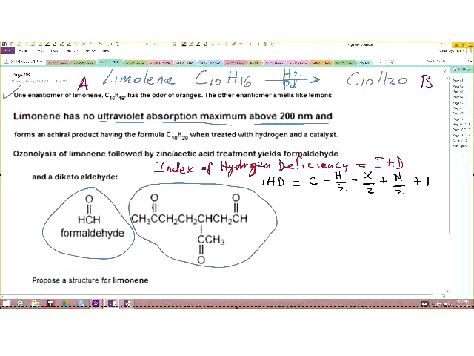Okay, if you use this formula here, you will find out the index of hydrogen deficiency of limonene is 3, just like you guys have already told us.